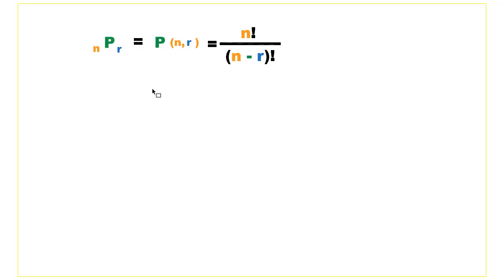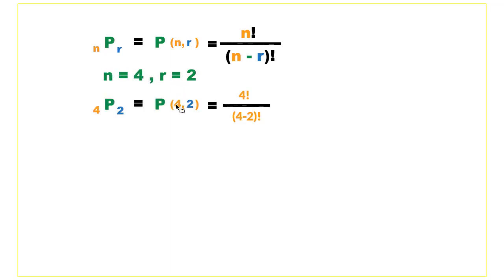There is only one notice before we leave. Assume we have this permutation formula, and we are going to substitute n equal to 4, r equal to 2. So we are going to get 4 factorial divided by 4 minus 2 factorial, and we can use that in the calculator immediately, or we can expand it and use a multiplication process only.